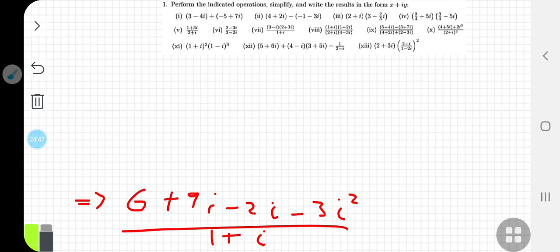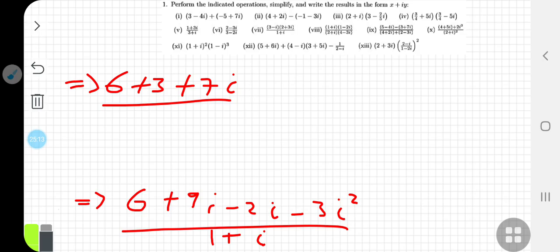So from here, I'm going to have something which is going to look like 6 plus 3. Then this is 9i minus 2i, that gives me positive 7i, like that, over 1 plus i.